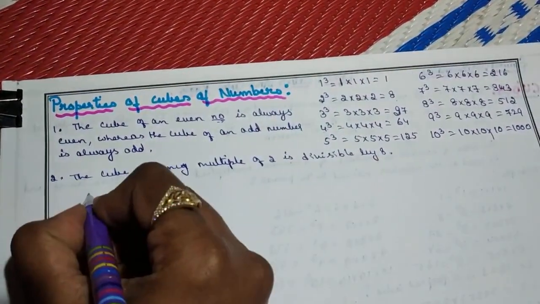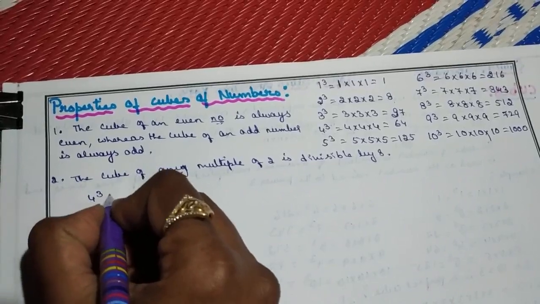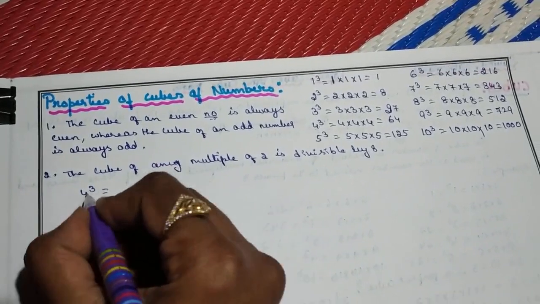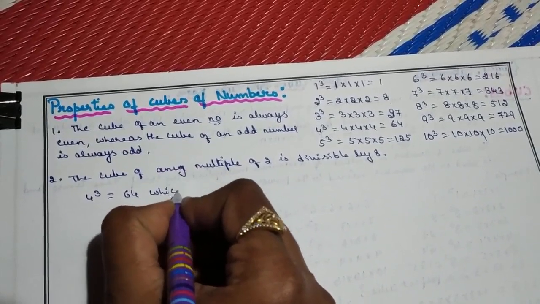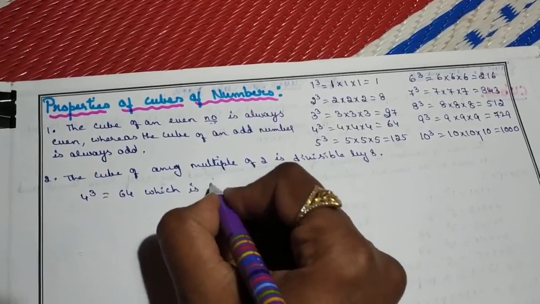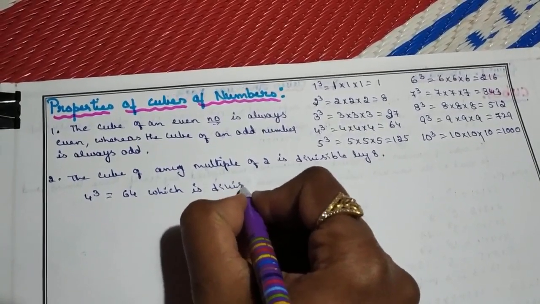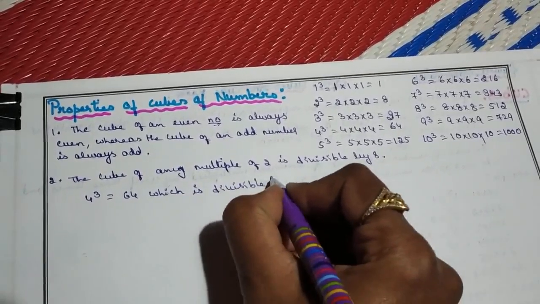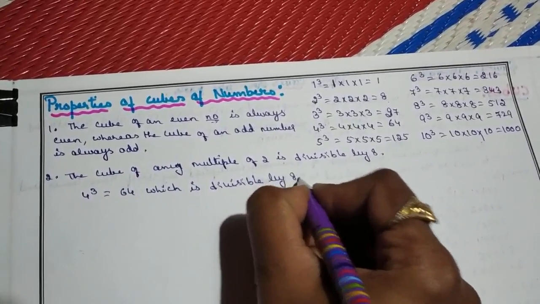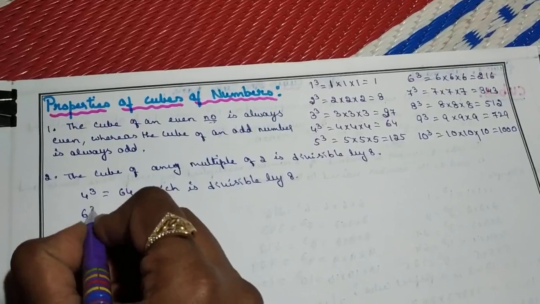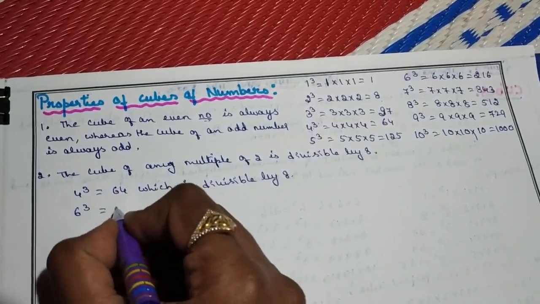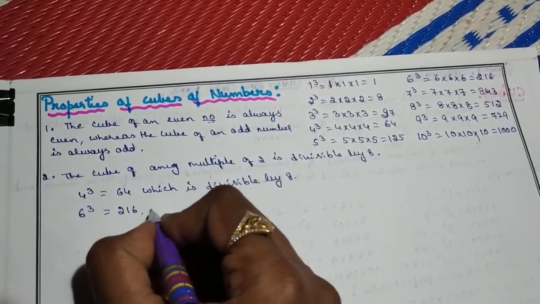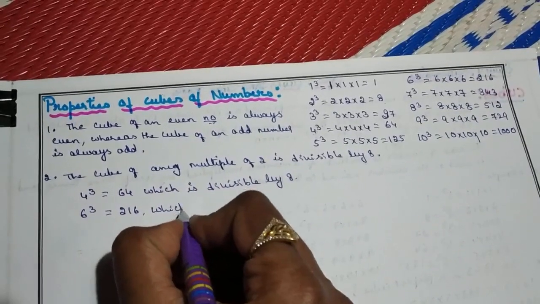For example, 4 is a multiple of 2, its cube is 64, which is divisible by 8. 6 is a multiple of 2, its cube, 6 cube, is nothing but 216, which is divisible by 8.